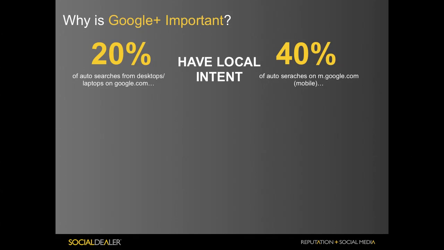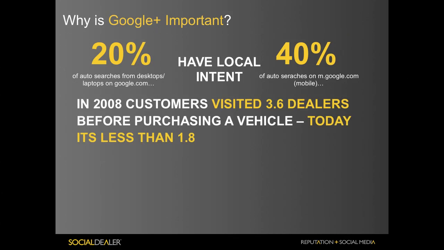Some things we know really stress the importance of why you want to nail your Google Plus presence. We know that on Google.com, 20% of auto searches, and 40% on Google Mobile, have local intent that are specific to the car buying process. And that is critical as an auto dealer. You're a local brick and mortar business, and you need to capture that effectively.